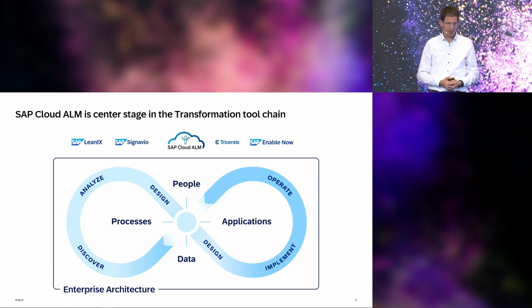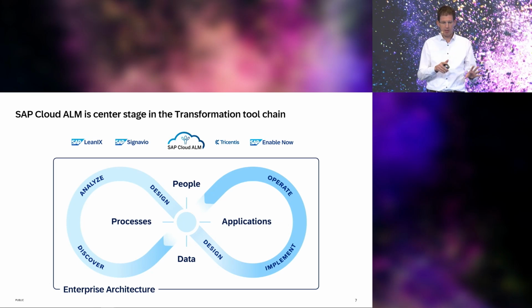And then for the applications, as you know, you are at the ALM Summit, we have SAP Cloud ALM, and there for the test automation, we are partnering up with Tricentis. And I want to guide you shortly through where we are in regards of integration in the different areas, starting with the enterprise architecture. So LeanIX, we acquired end of last year, so it's also quite new in the SAP family.